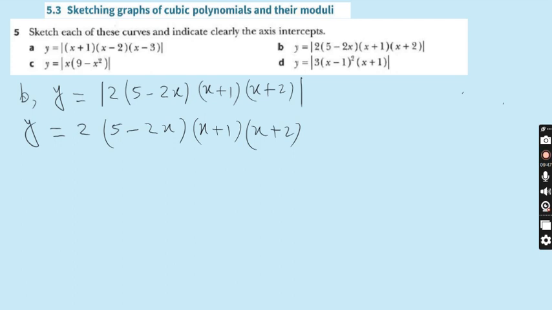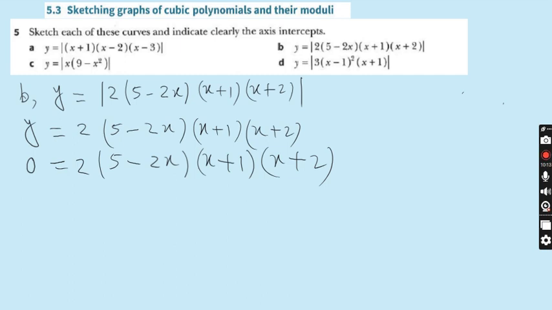First we have to find the intercepts, that is the y-intercept and x-intercept. In order to find the x-intercept, we have to put y equal to 0. So 0 equals 2(5 minus 2x)(x plus 1)(x plus 2).